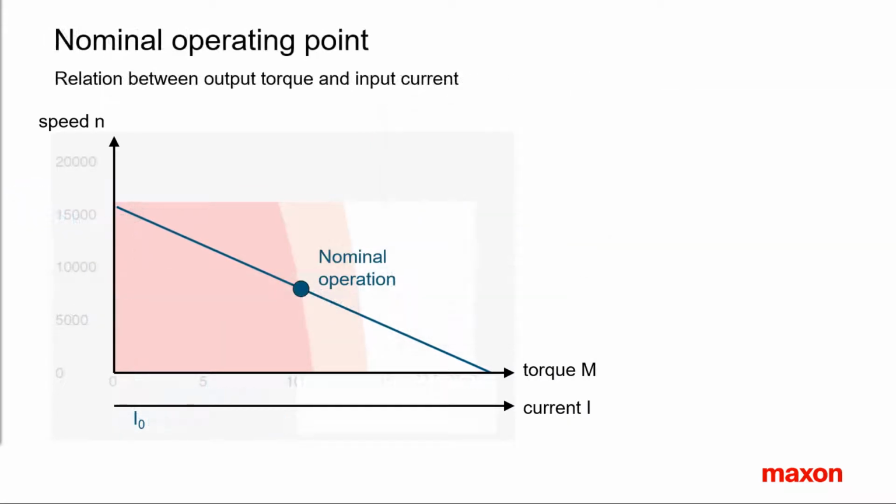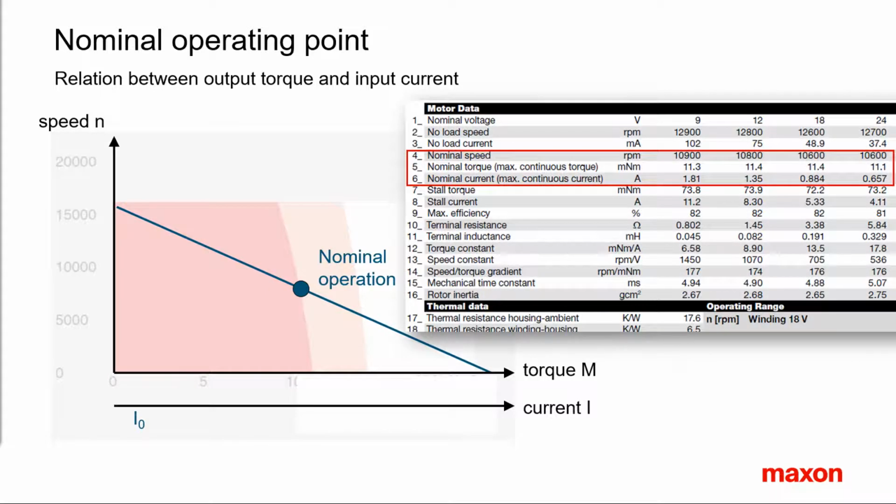The second operation point on the speed-torque line at nominal voltage is the nominal operating point. It lies at the border of the continuous operating range and is characterized by 3 parameters. In line 6 there is the nominal current or maximum continuous current. This limit is the maximum current that the motor can thermally withstand without overheating of the winding at standard conditions.